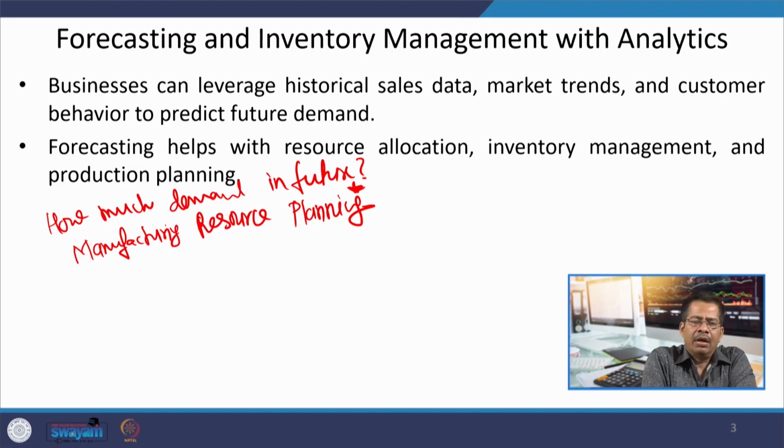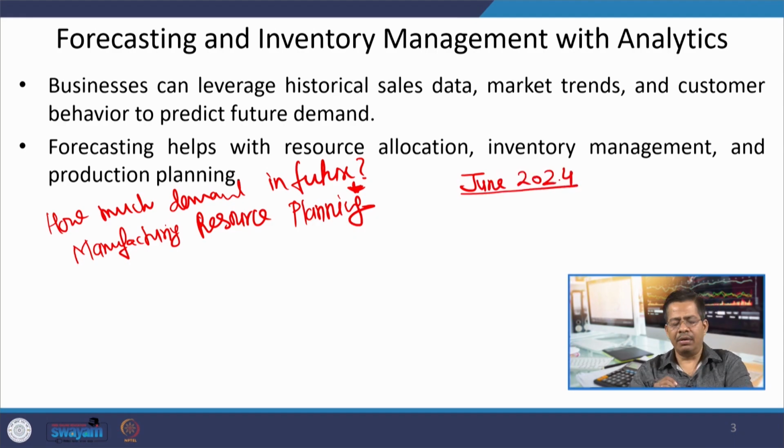For example, again taking the clue from the current time, this is June 2024. The course is being produced at IIT Roorkee.